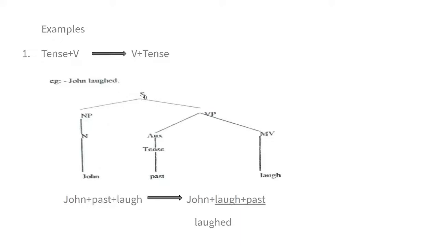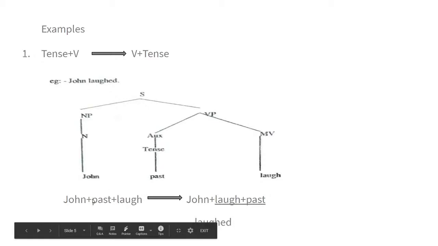We have written S here, and then we have divided it into NP and VP. The NP is John here, and VP can again be divided into auxiliary and main verb. The auxiliary here is tense, and the tense is past, and the main verb is laugh. Now we are going to apply the affix switch rule.